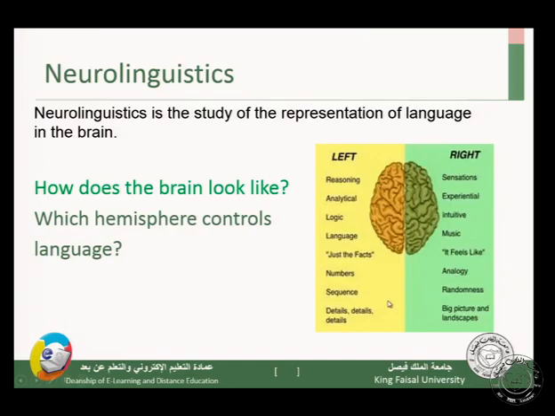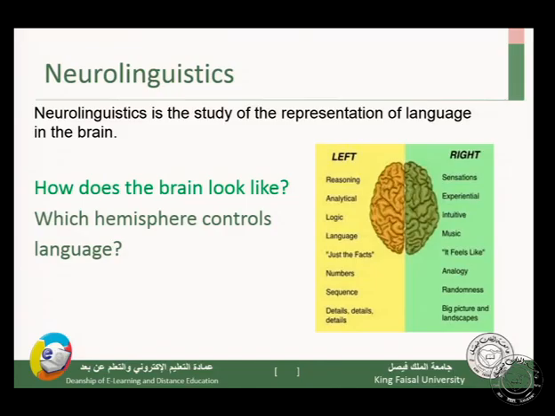The brain is composed of two hemispheres. What we mean by hemisphere is, for example, if you have a ball and divide it into two parts, you have a hemisphere on the right and a hemisphere on the left. The Earth has two hemispheres: the north hemisphere and the south hemisphere.